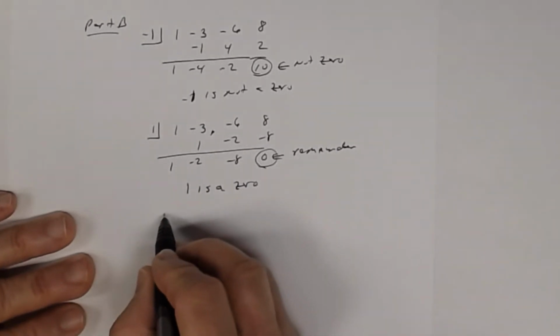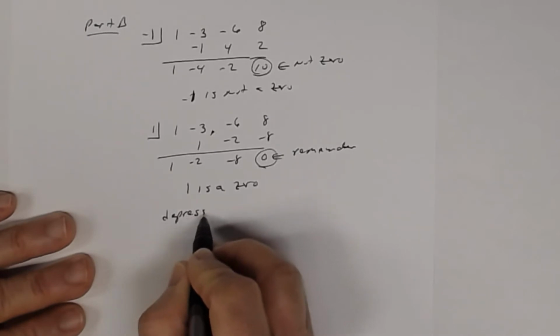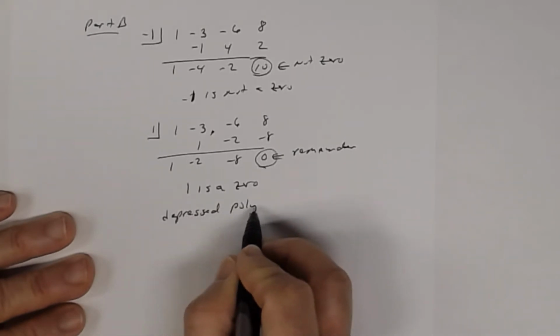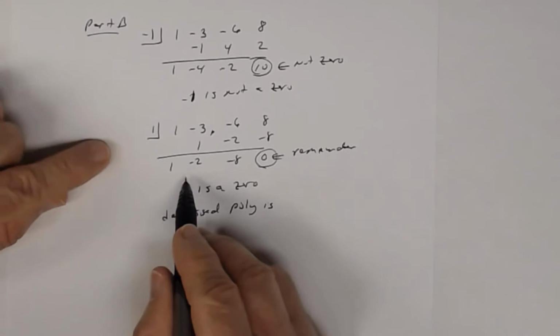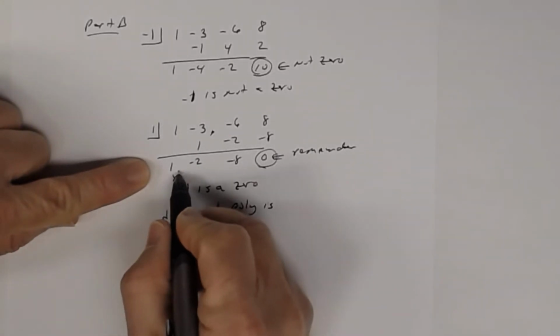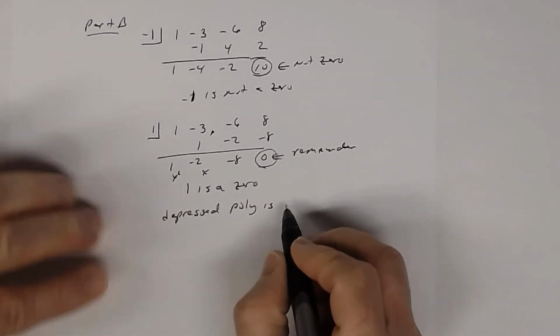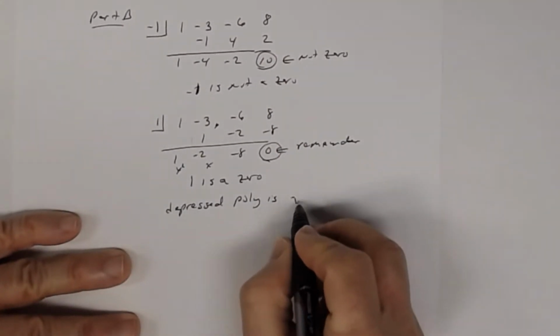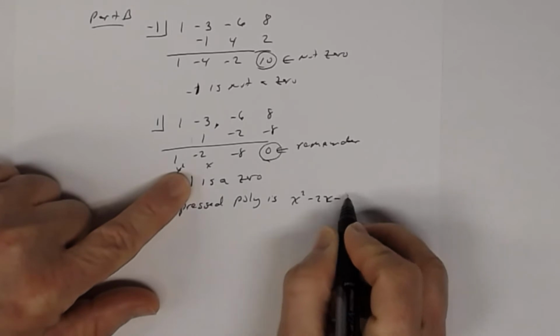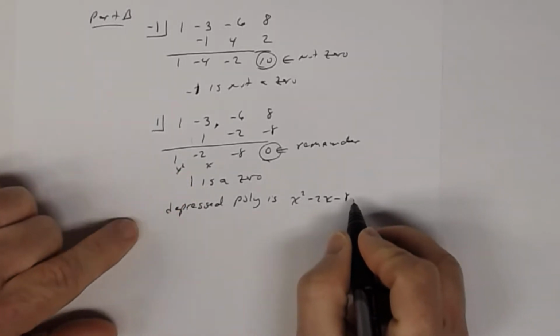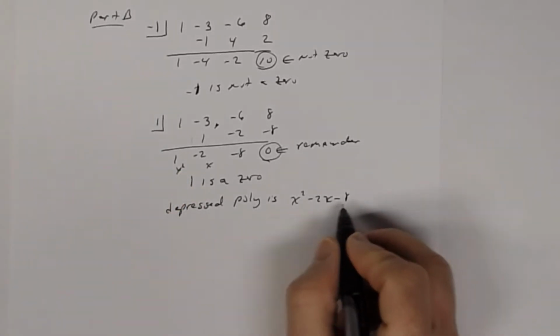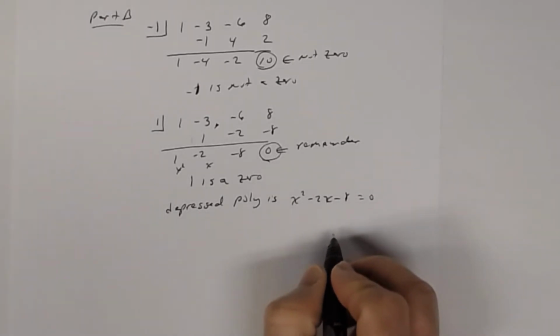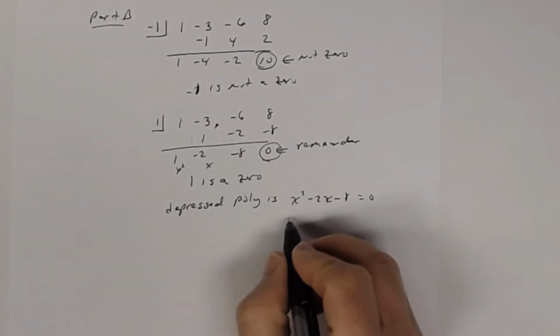The depressed polynomial is 1x squared, because this was cubed, so you go 1 degree less. So you have x squared minus 2x minus 8. And remember, you set that equal to 0 to find your other zeros. So we're going to factor.